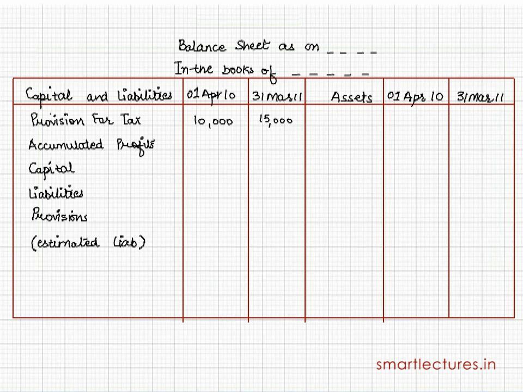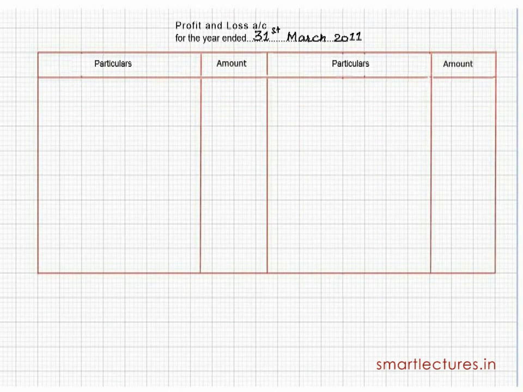Now let me explain how this provision amount is created and how it comes on the liability side. Suppose you are preparing the profit and loss account for the year ended 31st March 2011 and your net profit is rupees 10,000. In every country everyone has to pay income tax.